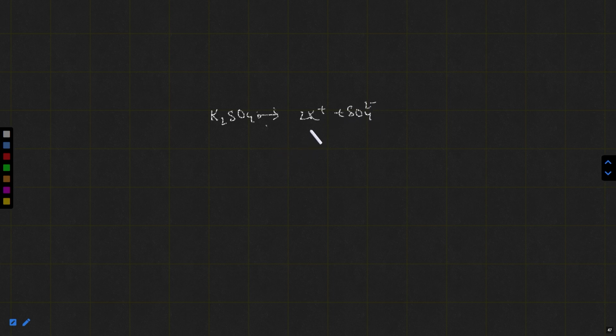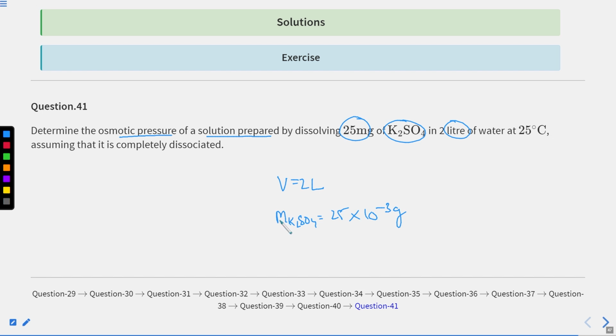So the total number of particles is 1, 2, 3, so i equals 2 plus 1, that is 3. Now we have i equals 3. So pi equals i times concentration, and what will the concentration be?